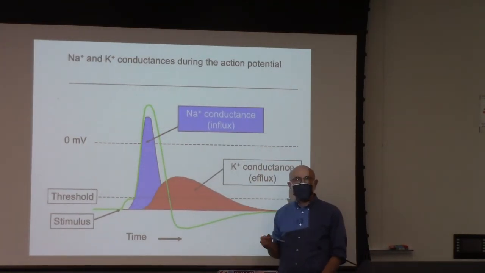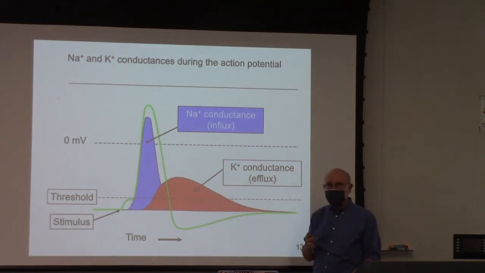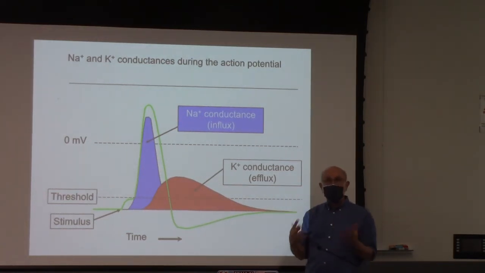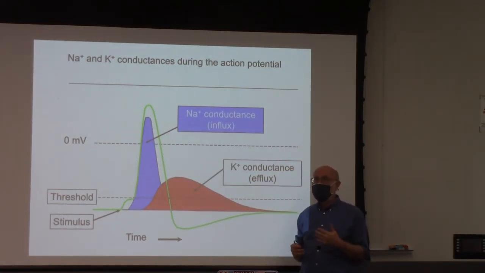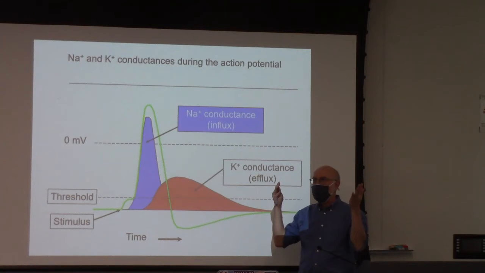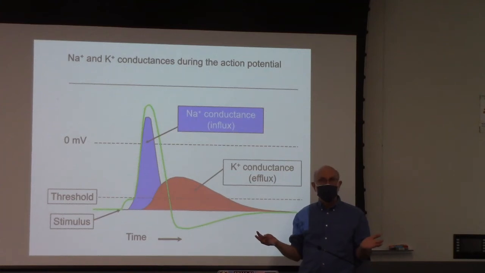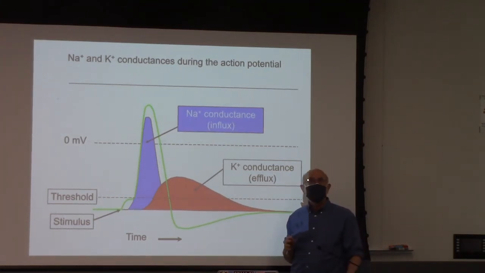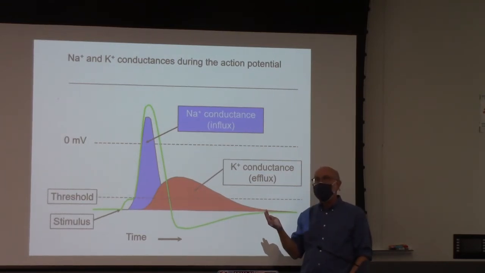Voltage-gated sodium channels are channels that are opened by depolarization. If they open, sodium flows in, so they cause depolarization. So there's automatically a positive feedback cycle. They are opened by depolarization and they cause a depolarization.